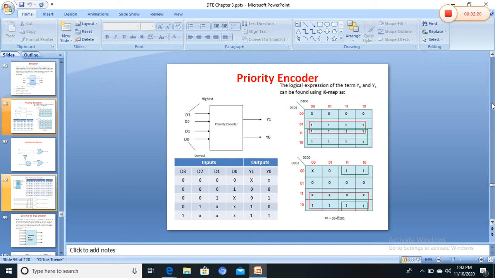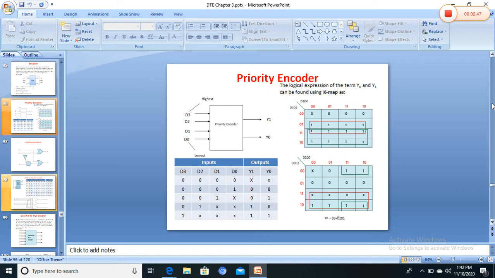If two or more input lines are 1 at the same time, the input line with the highest priority will be considered. There are 4 inputs D0 to D3 and 2 outputs Y1 and Y0. D3 has the highest priority and D0 has the lowest priority.